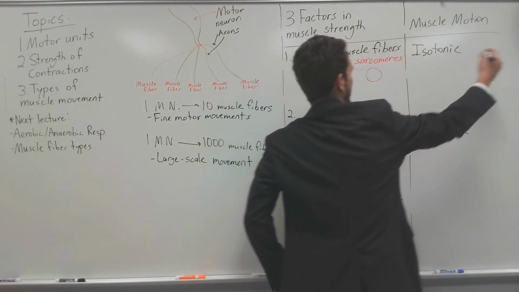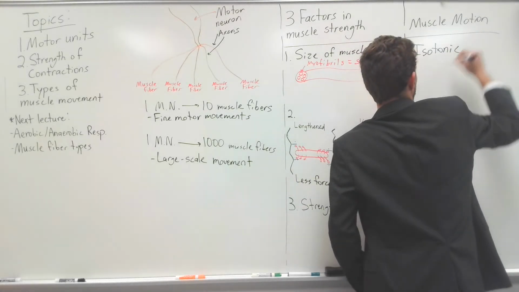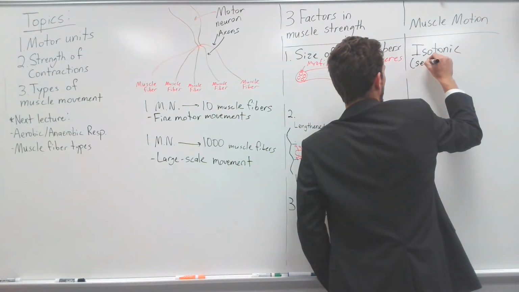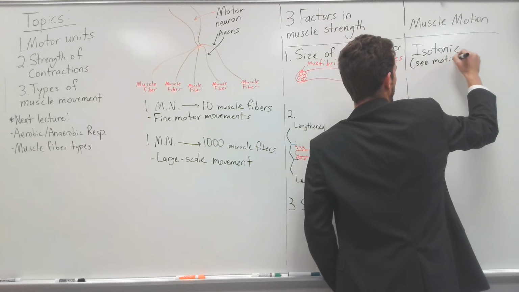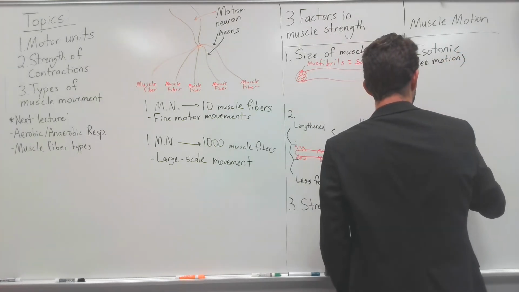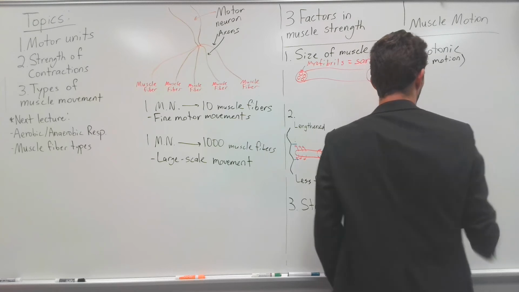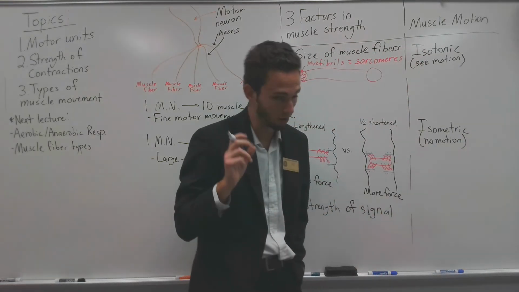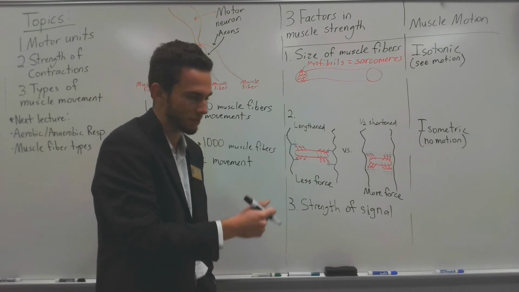Within isotonic, these are going to be where you actively see motion of the muscle. Isometric, you're not going to see any motion. So your body is going to be still, or that muscle group is going to be still. It's going to hold its place.